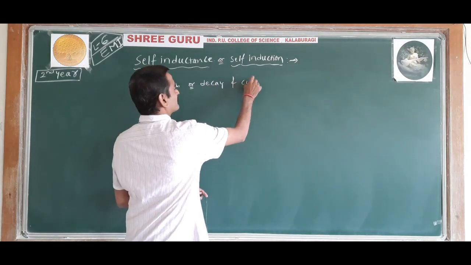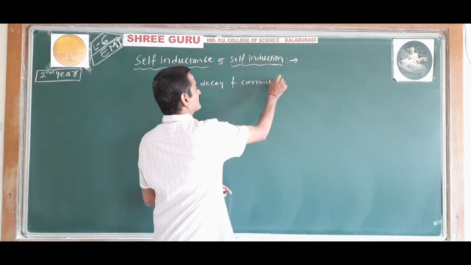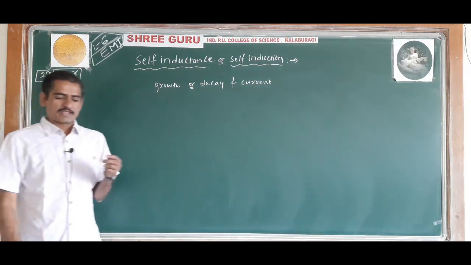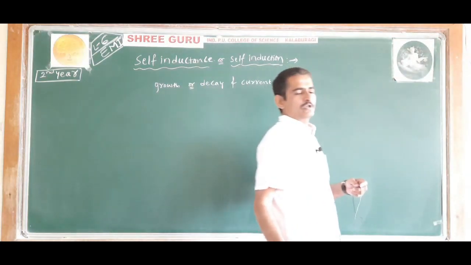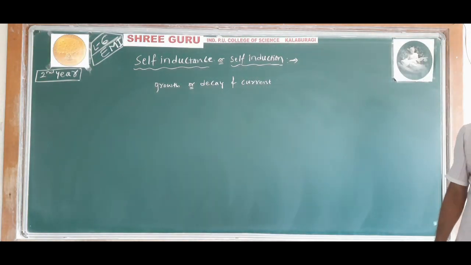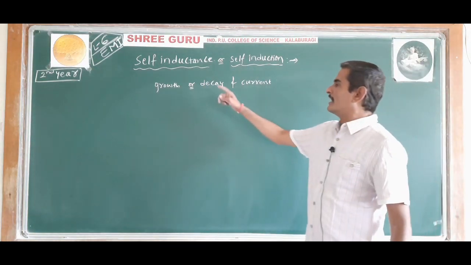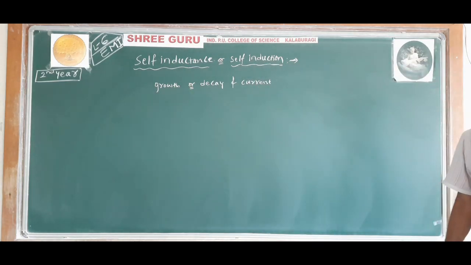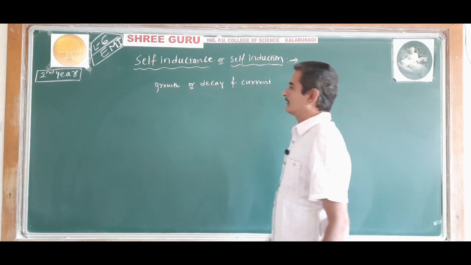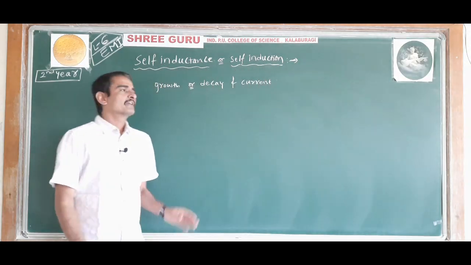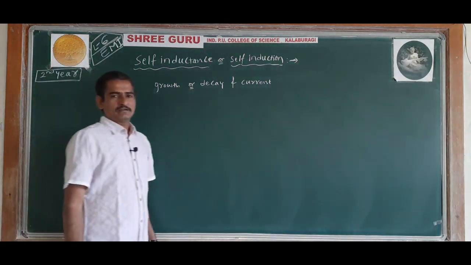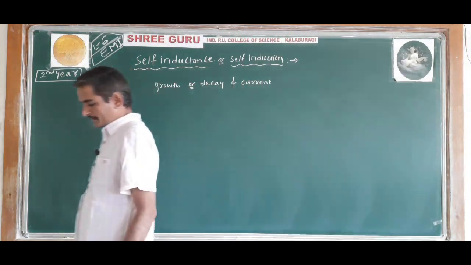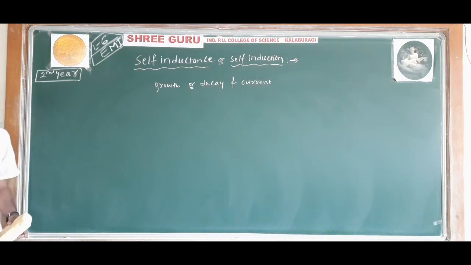The growth or decay of current through a coil is opposed by a property of the coil, and that property we call self-inductance of the coil. The growth or decay of current is opposed by the coil.